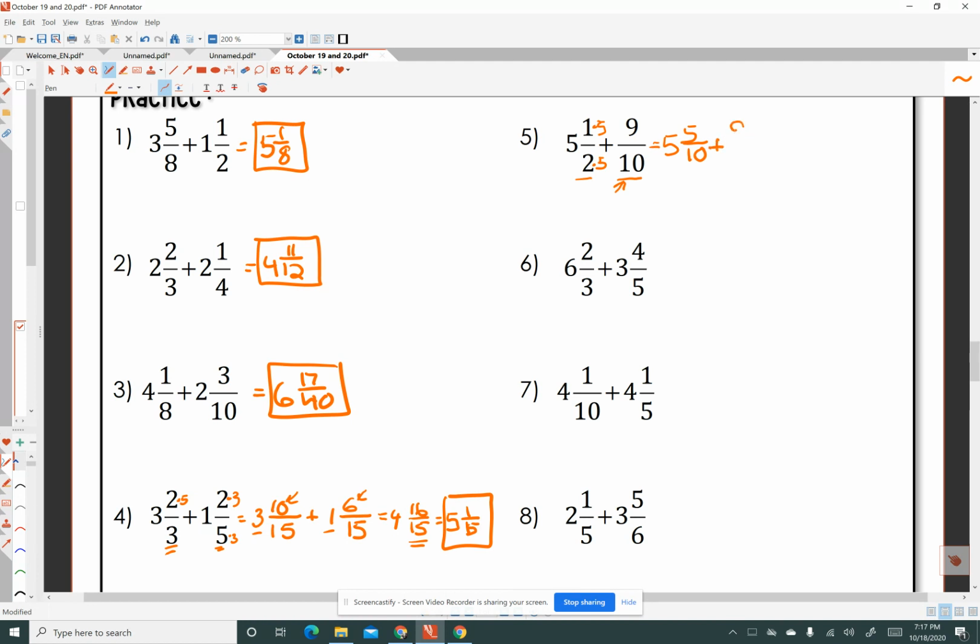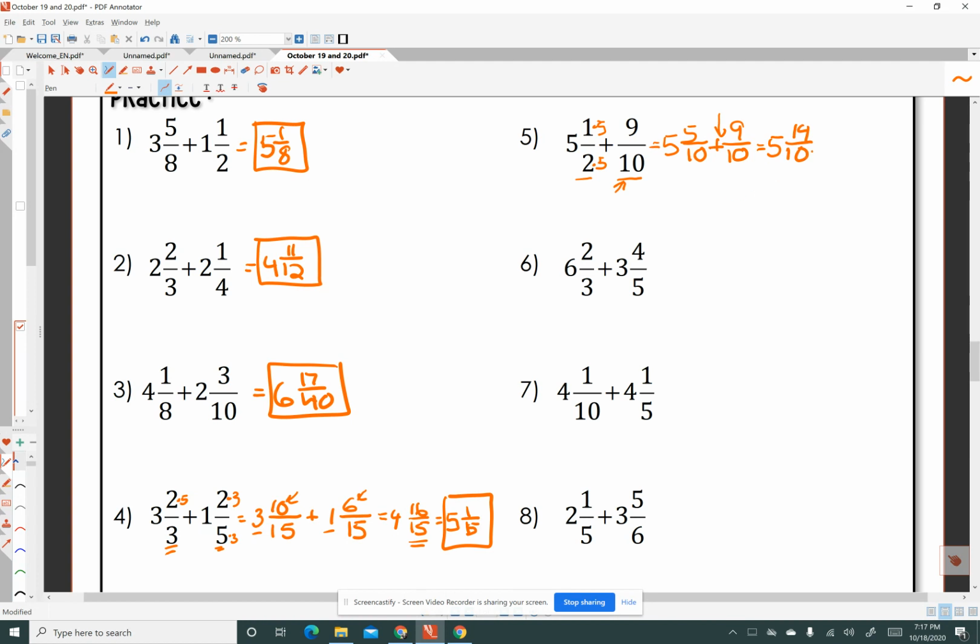Plus, and I said we won't need to change this because 2 is a factor of 10. So 5 and 0, this is an invisible 0 over here. There's no 1 there. It's an invisible 0. 0 and 9/10. So that would equal 5, and 9 plus 5 is 14/10.